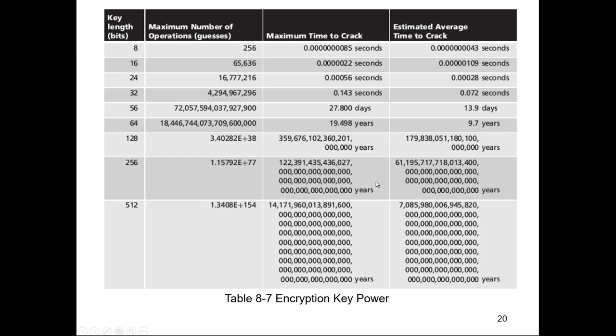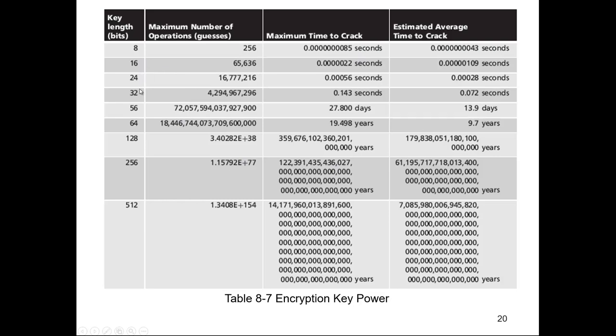If it's only a key with 8 bits, it can be cracked in a very small fraction of a second. So we need to make it as complicated as possible.